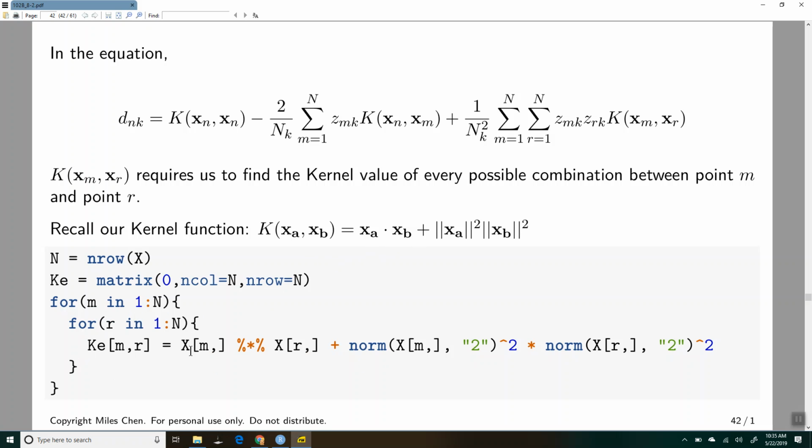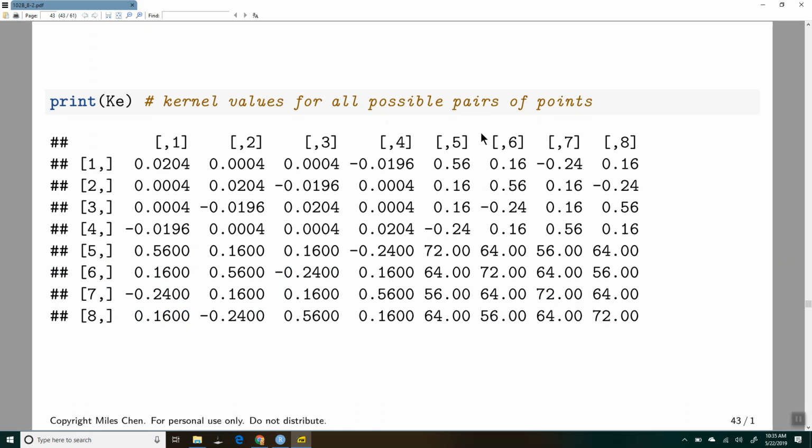So we're gonna do some point XM multiplied by XR plus the norm squared plus norm squared, and so that's gonna calculate the kernel function for all points M and R. And that way I can just look up whatever pair of coordinates here. And so the distance metric, this is what we've got for all 8 points.